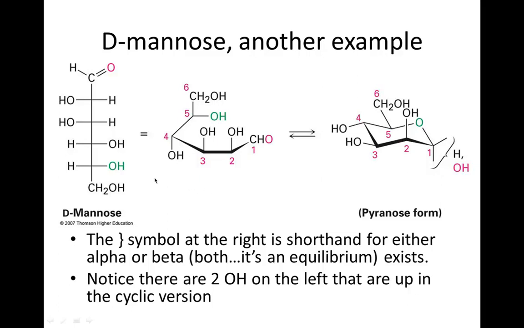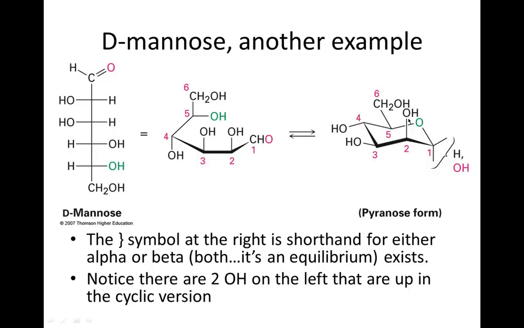Something else, when you go from the open chain form to the cyclized form, the sort of the duh thing for how you draw this is that out of these things that are on the left, they will be up in the cyclic form. So 2 of these guys are on the left, and so remember the numbering system, this is 1, 2, so on number 2 and 3 the OHs are up.